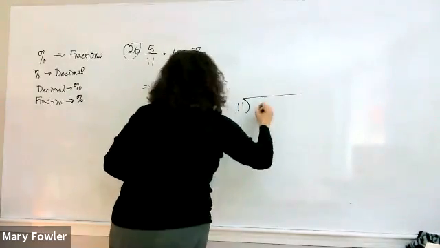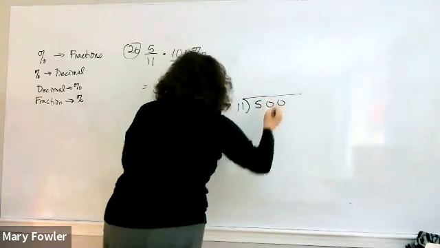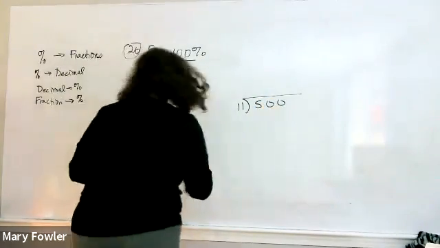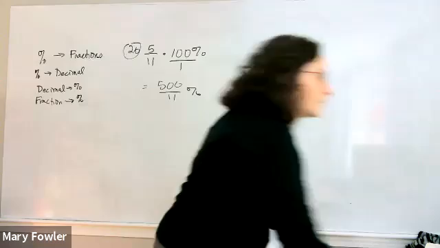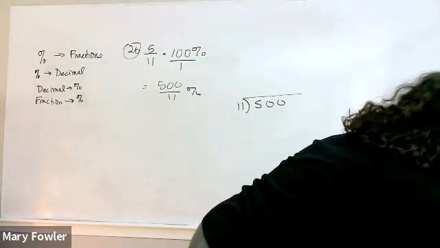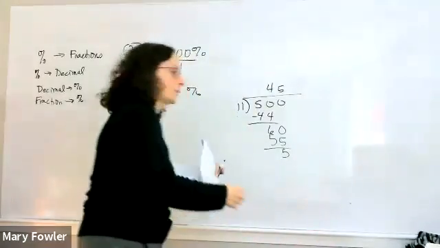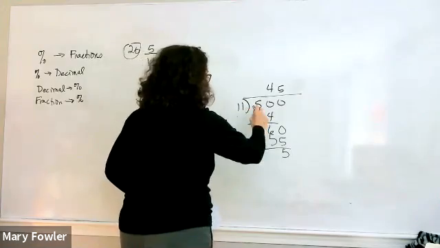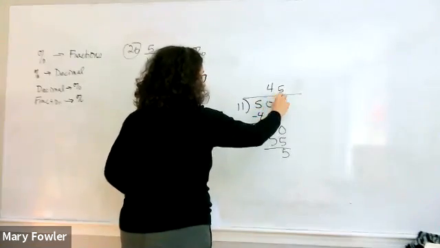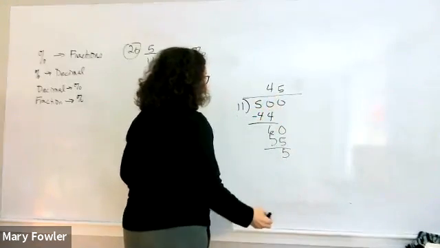So we're looking at 11 into 500. Work on that, please. I'm going to pause and we'll do the long division on our own. Okay, so picking up on this long division problem, I so far have 11 into 500, and we have 45, and there's still 5 left.